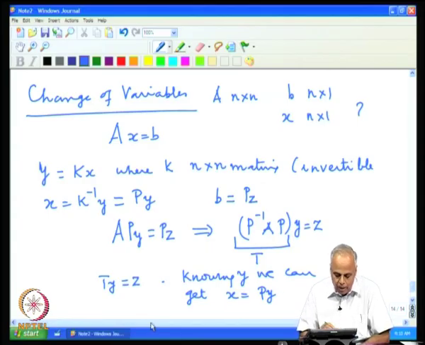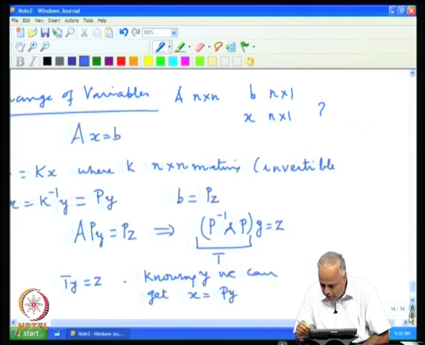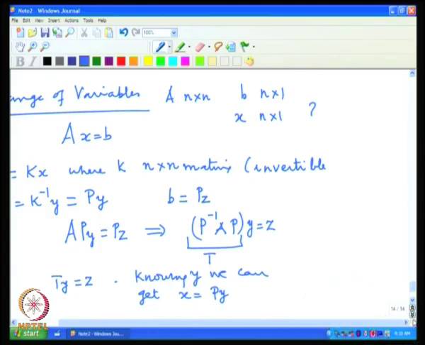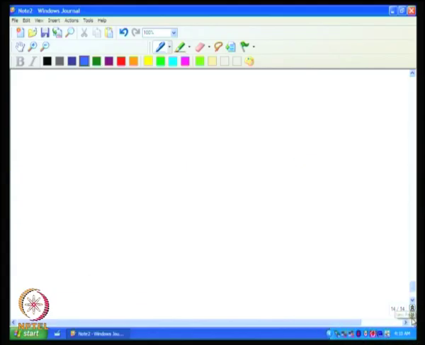We can solve for y if T were a simple matrix. What do we mean by a simple matrix? Namely, the diagonal matrix. So, suppose we can make T diagonal.